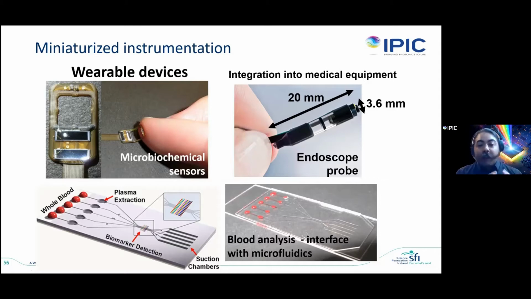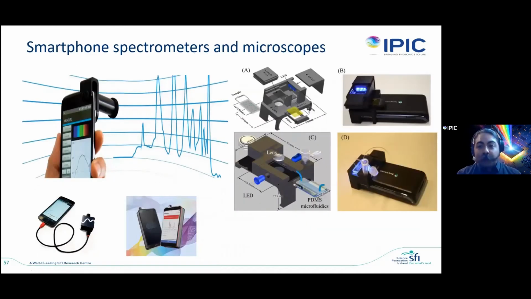And this is also very important with the pandemic, right? Because now we don't have access to so many facilities, and this can be used to have technologies spread elsewhere. Miniaturized technologies are also coupled to smartphones. You can have spectrometers coupled with your smartphone.